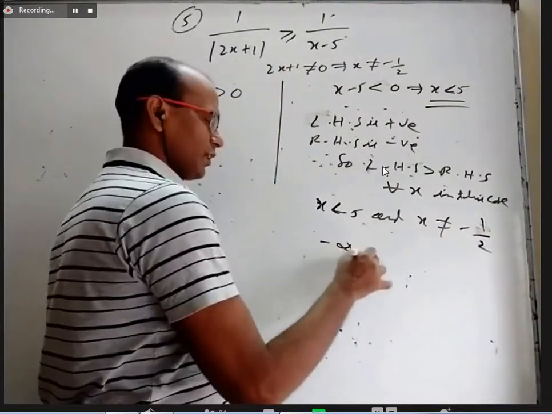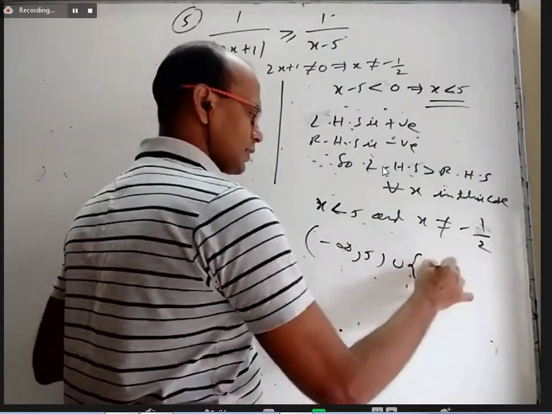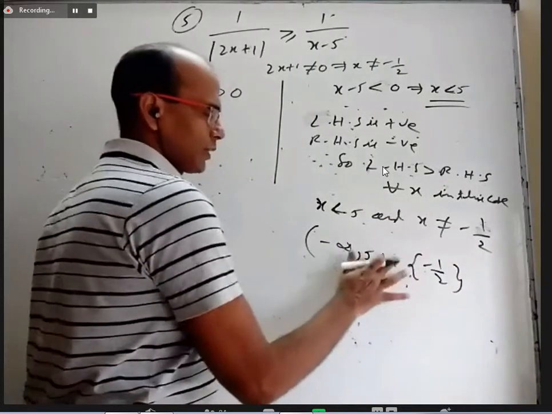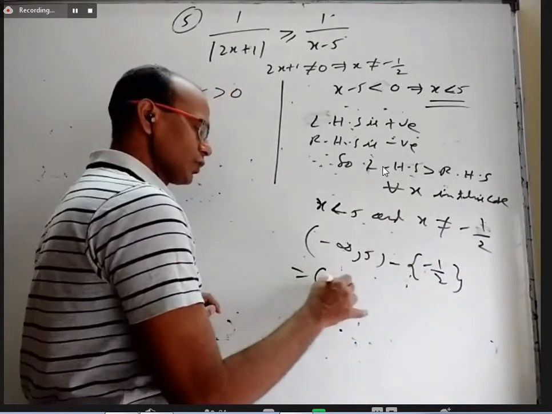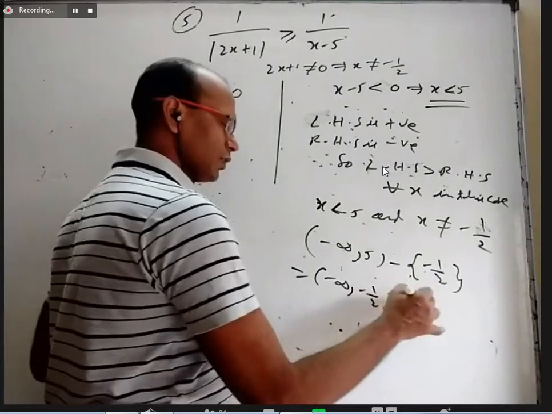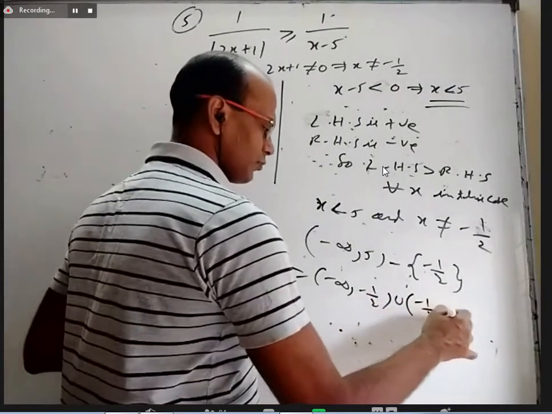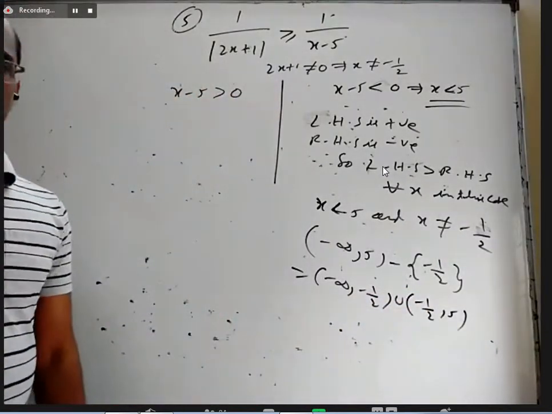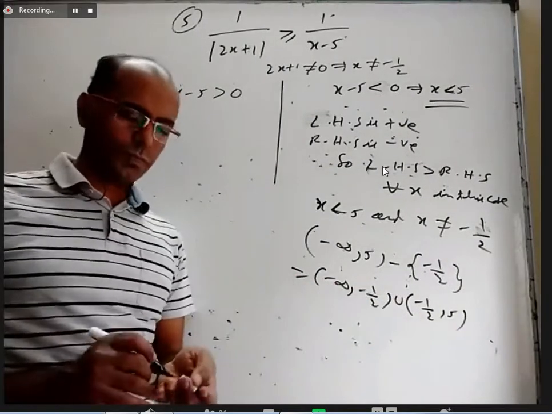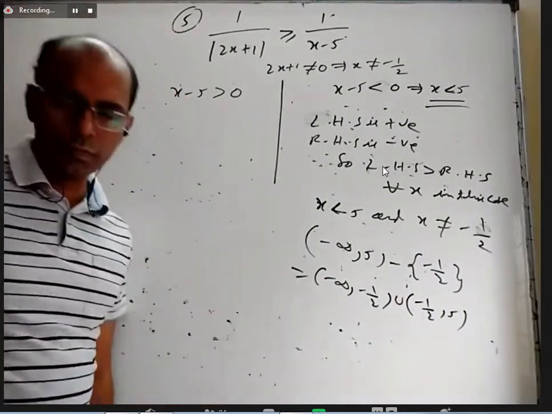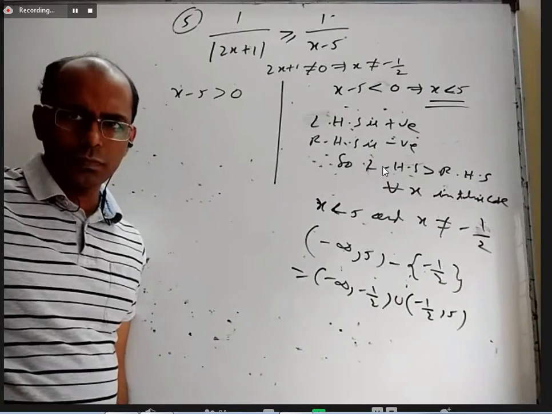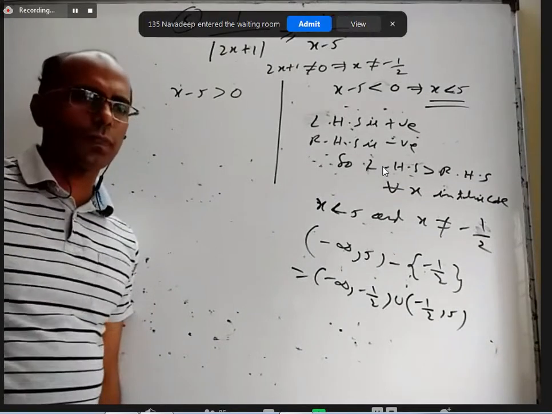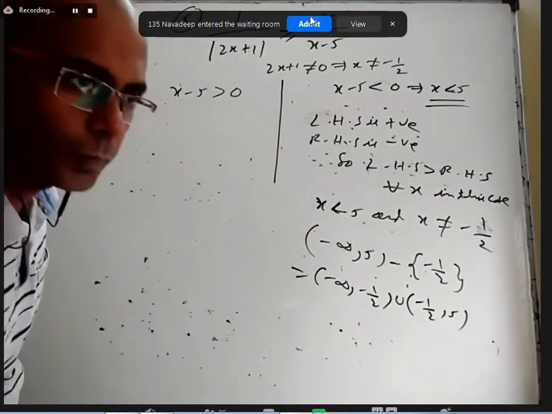So minus infinity to minus 1 by 2, union minus 1 by 2 to 5. All right. Everything is a solution. Is everybody clear about this? Yes, sir.